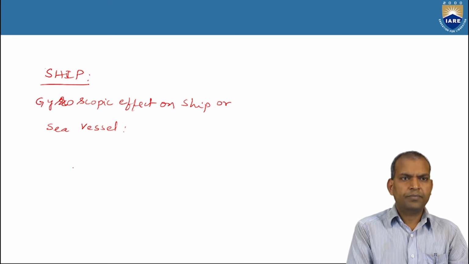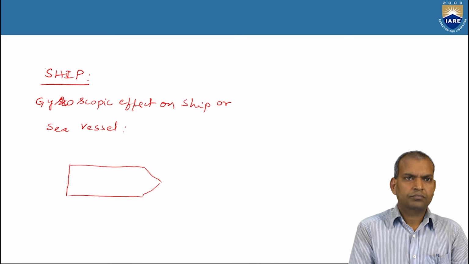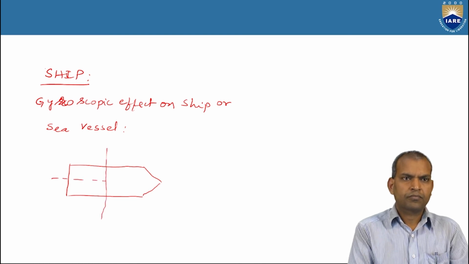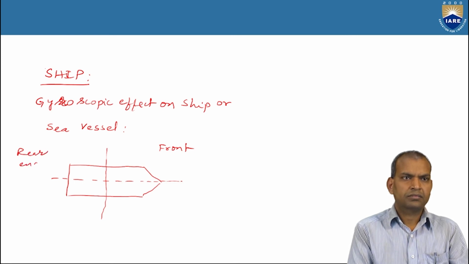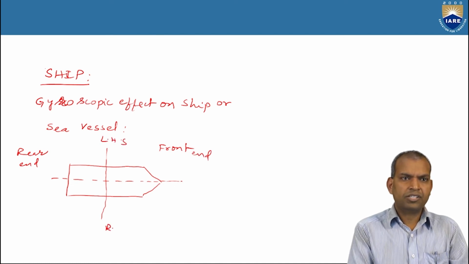If you consider the ship, this is the top view of the ship. This is the front end. This is the front and it is the rear. And it is left hand side and right hand side.